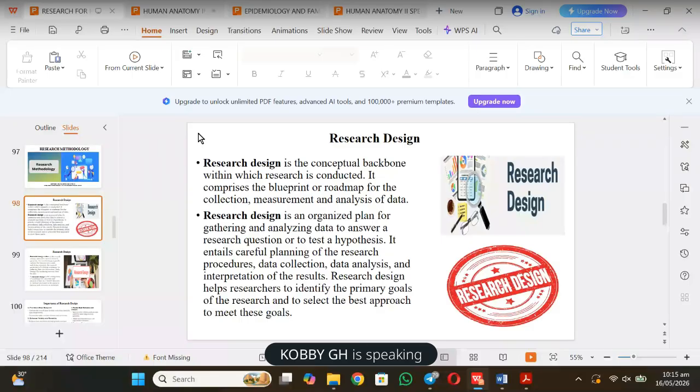It means the approach you want to use is quantitative. The questions you have to ask yourself: do you intend to present your information with graphs? Do you intend to present with frequency tables? Once you intend to present with frequency tables, it means you are using what? Quantitative approach. Is that okay?